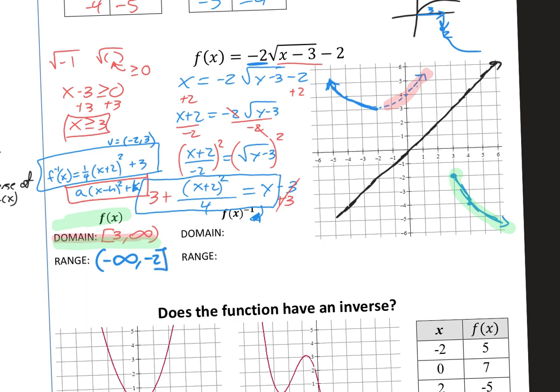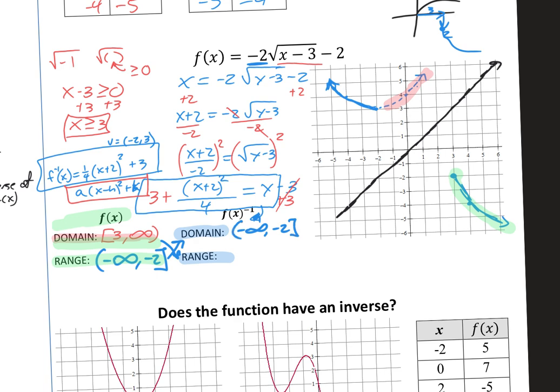Here's the thing that you have to remember with an inverse. If you have a domain and range with the original function, these must flip to the inverse function. And here's what I mean by flip. Literally, they swap. So now the domain for the inverse function must be -infinity to -2.